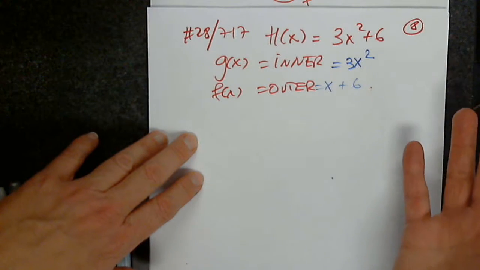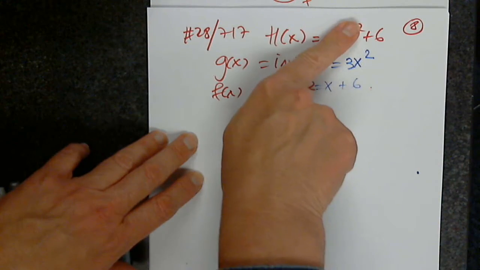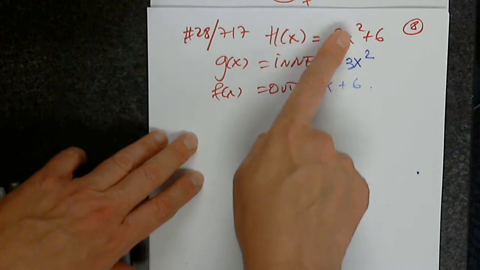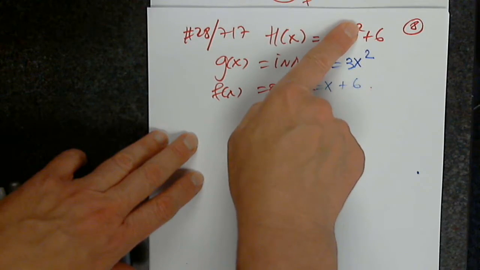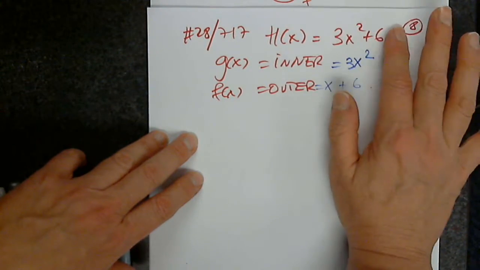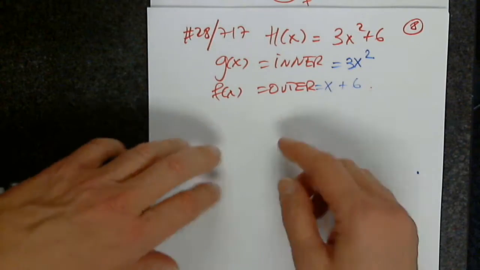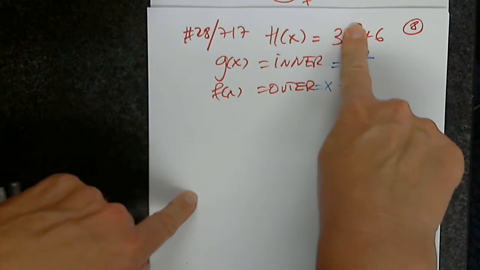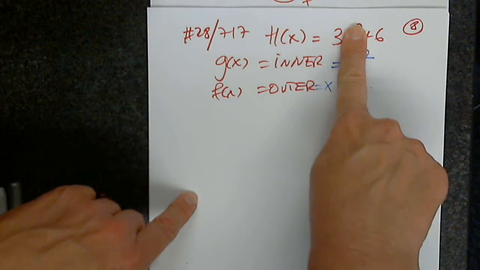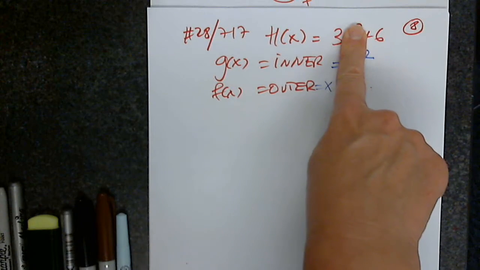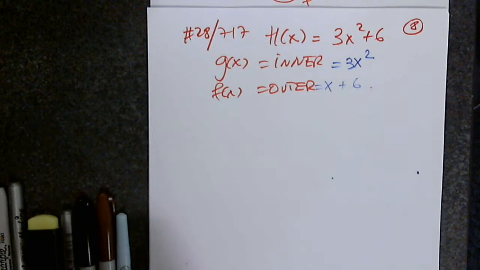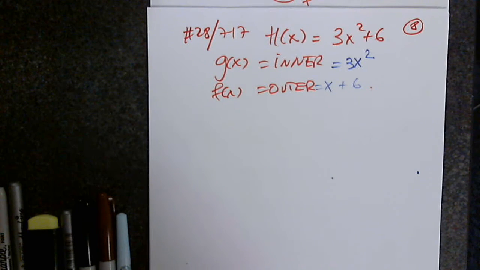So one option would be to say this is the first, as we did, the inner function, and then x plus 6 will be the outer. Another option would be to consider just x squared as the inner function, and then 3x plus 6 as the outer. There would be x squared plus 2 and the outer is times 3.